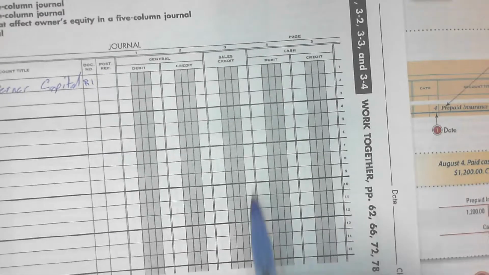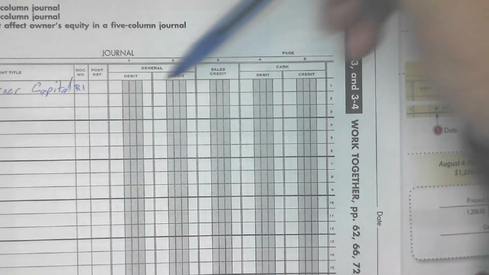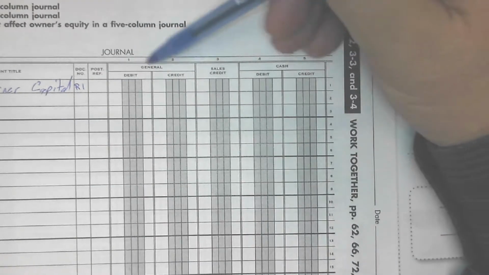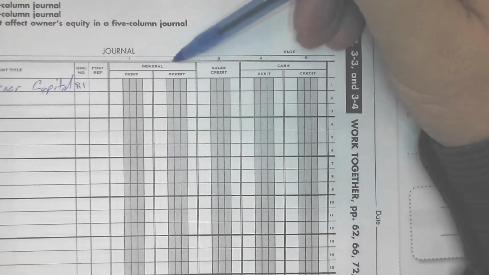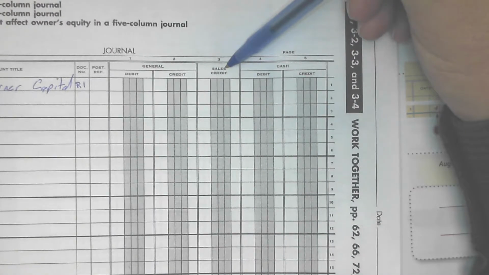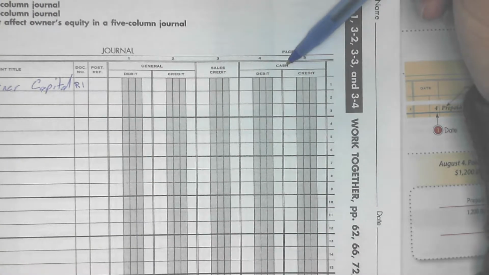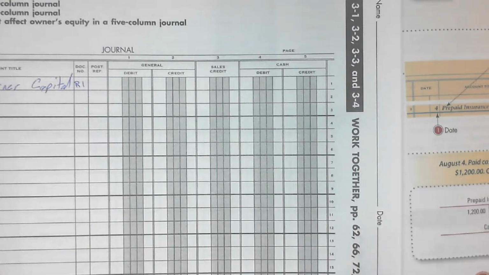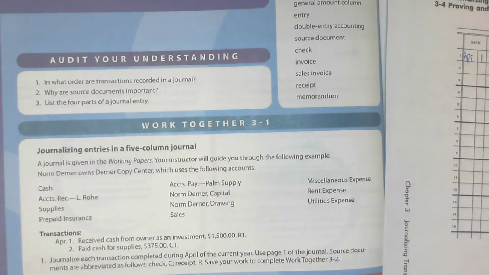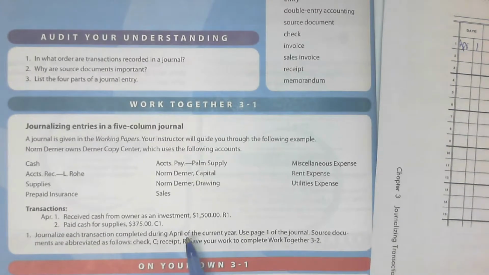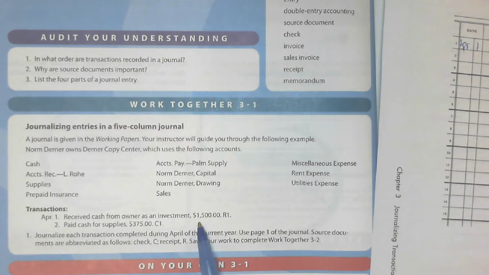And now we've got 5 different columns. We have a section for our general category, a debit and credit. We have a sales section, and we have a cash section. So the owner invested $1,500.